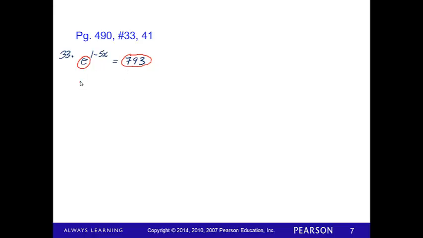So I'm going to take the natural log of both sides. So natural log of e raised to the 1 minus 5x power is equal to the natural log of 793.